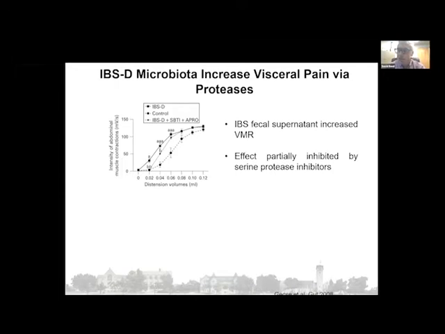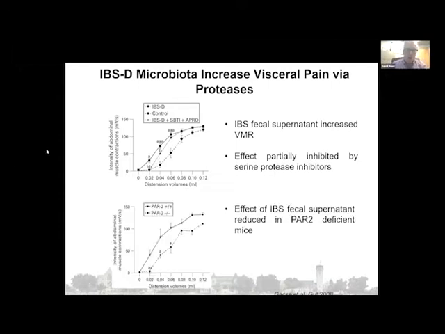They then incubated that fecal supernatant with serine protease inhibitors and infused that into the mice, and found that that reduced the VMR response in the mice, suggesting that the protease was involved.